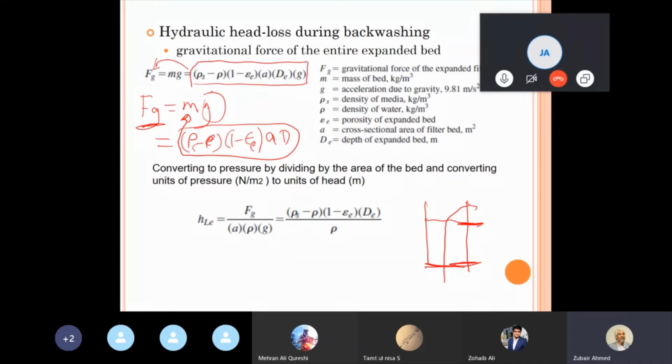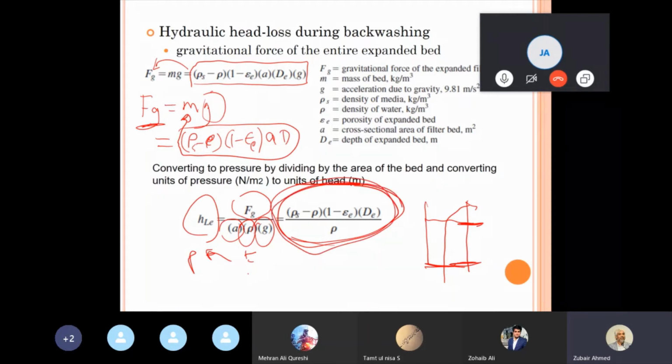To get the head loss, we have to convert the force into pressure. If we divide this force by the area, the density and the gravitational field, we can calculate the head loss. So we can calculate the head loss during backwashing using this equation.